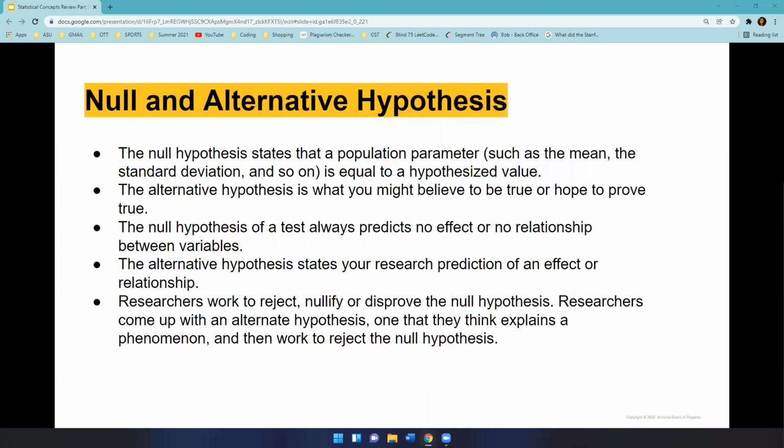So for any hypothesis testing, we usually start by declaring null and alternative hypothesis. So before doing any actual testing, you need to define two things: null hypothesis and alternative hypothesis. Okay, so basically a null hypothesis is something which is equal to hypothesized value.